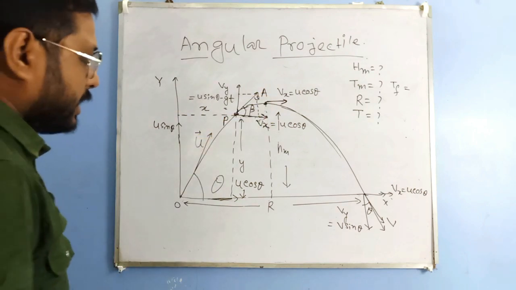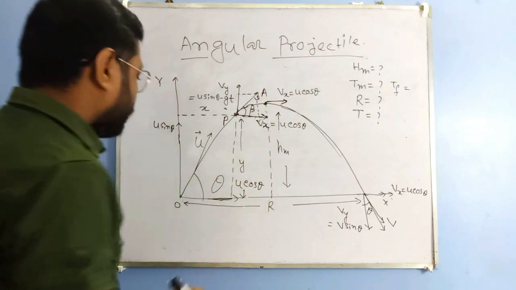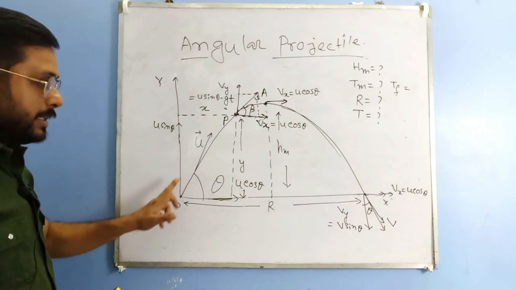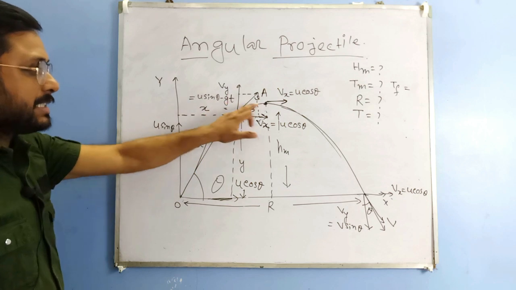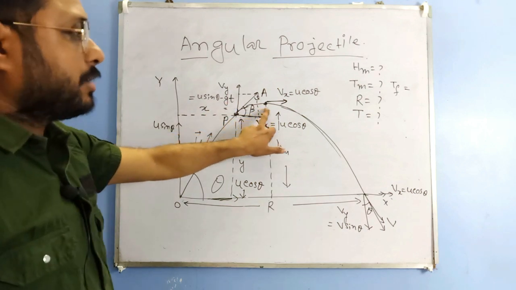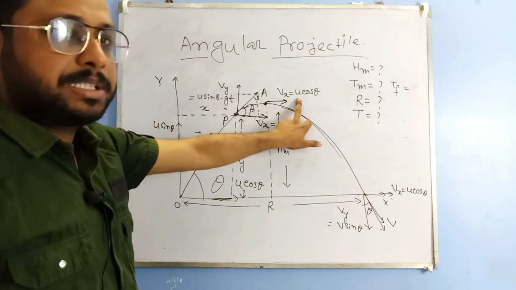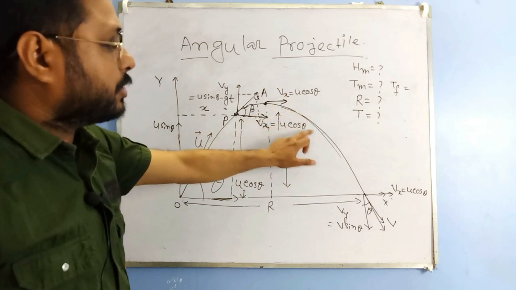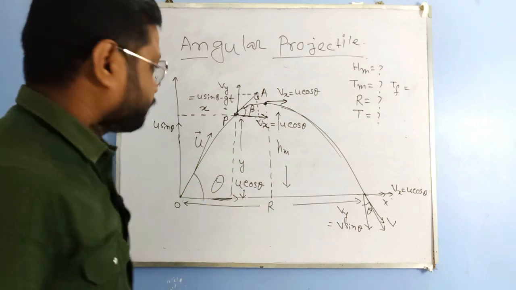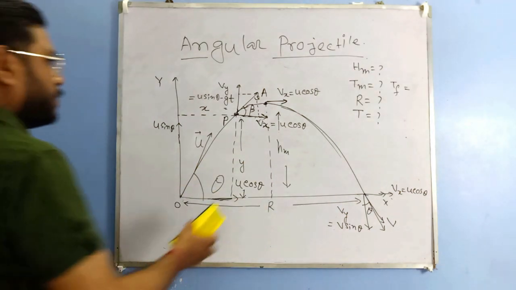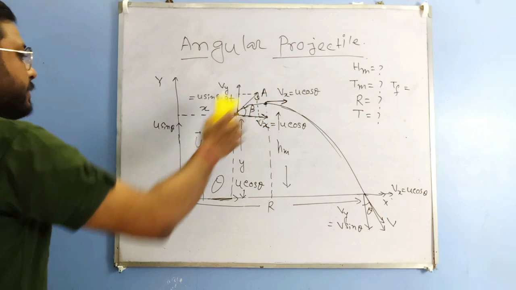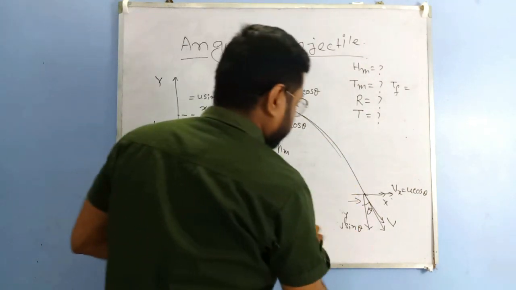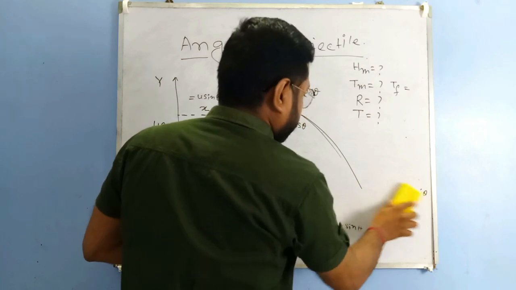The vertical component of velocity is u sin theta at the initial position, then it decreases, and at the maximum point the vertical component is 0 while the horizontal component remains u cos theta. After point A, the vertical component increases. So we can now find out these parameter values.